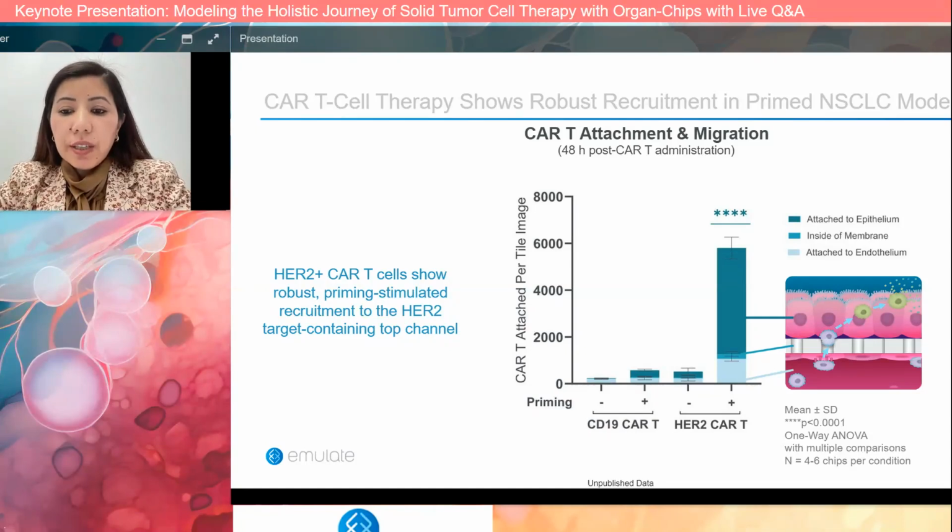What you can appreciate is that with the priming stimulus, you see more recruitment of the HER2 CAR T when they see the HER2 antigen on the tumor cells present on the top channel. We do see CD19 migrating to the top channel, but to a smaller extent compared to the HER2 CAR T cells.